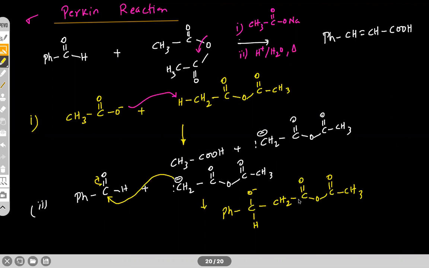Yes, Ruchir, go ahead. So isn't that attack very tough because the delta positive is in resonance? See, but we do not have any other possibility, no? What is the other possible reaction we have?